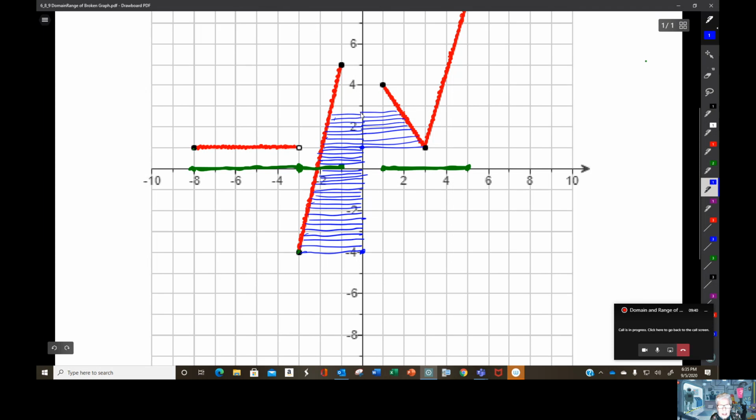Could have used one of the highlighters. But don't forget these points over here. They're lining up with values on the y-axis.